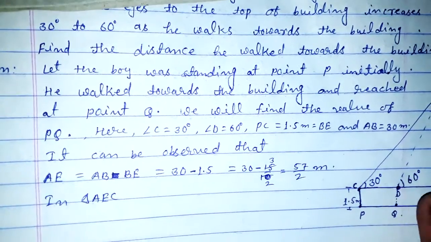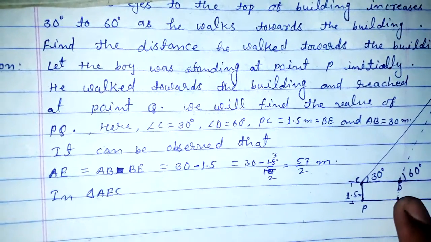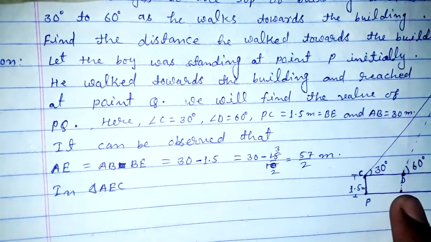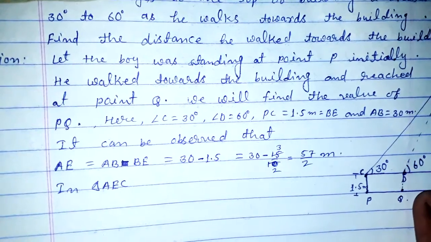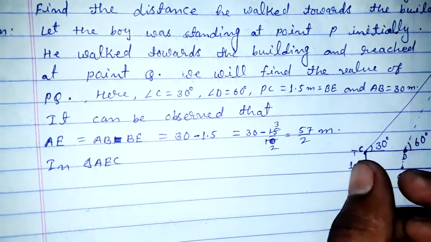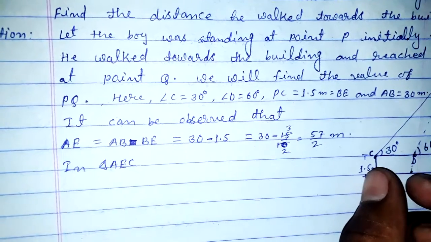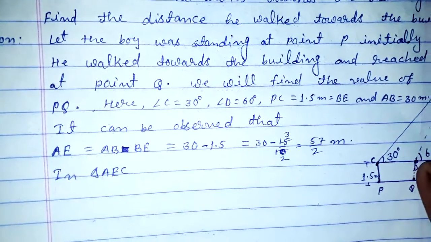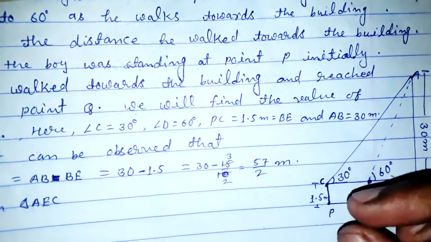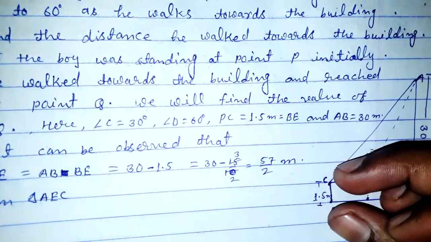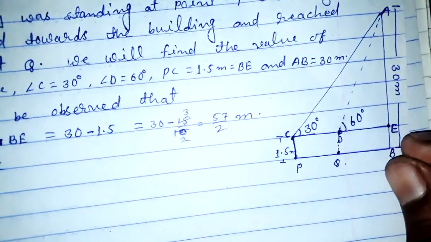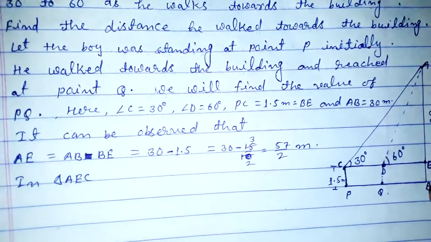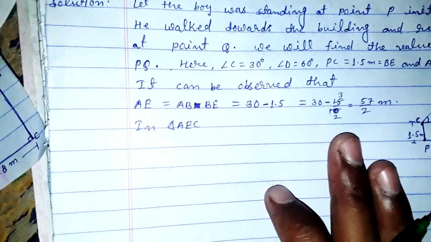He walked towards the building and reached point Q. We will find the value of PQ. Here angle C is 30 degrees, angle D is 60 degrees, and PC, the height of the boy, is 1.5, and this is also equal, and AB is 30 meter.